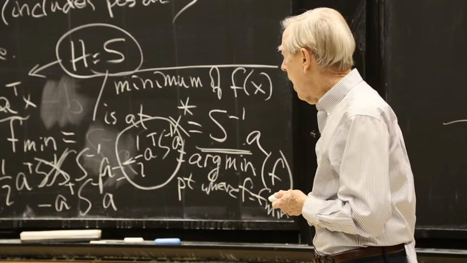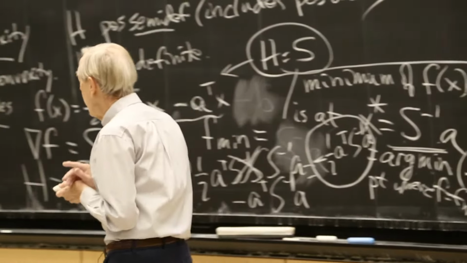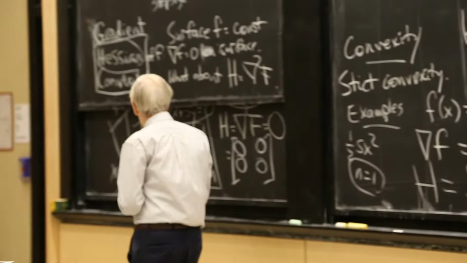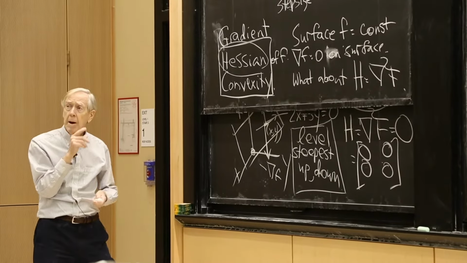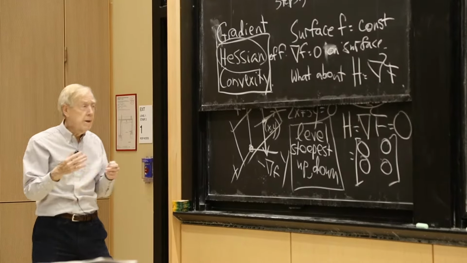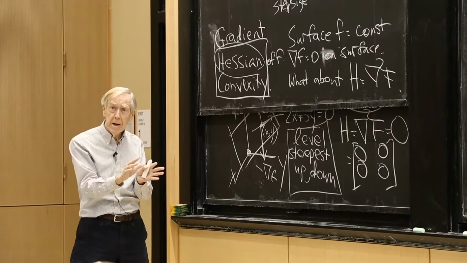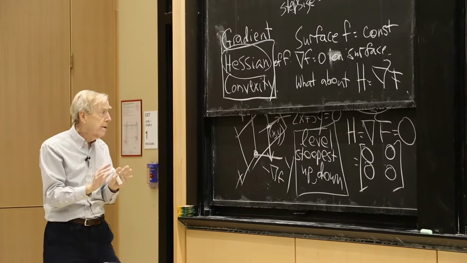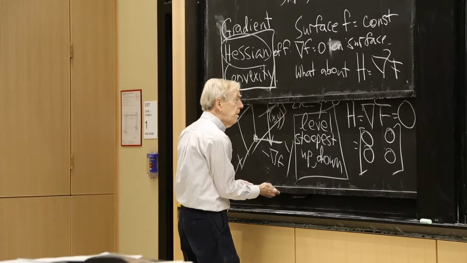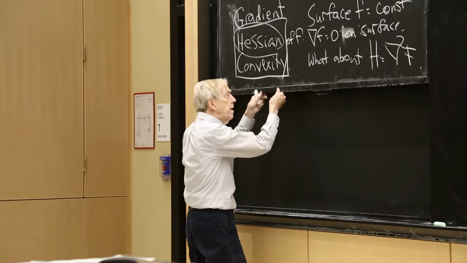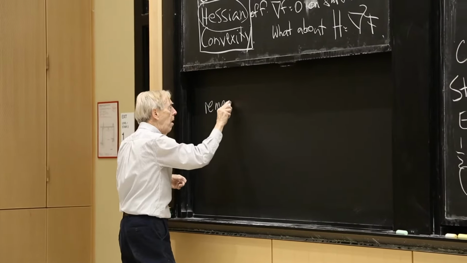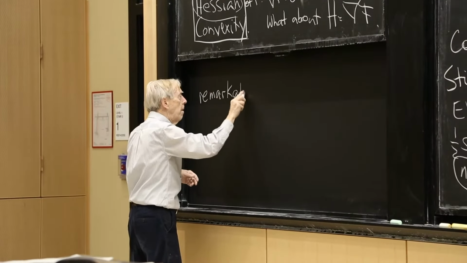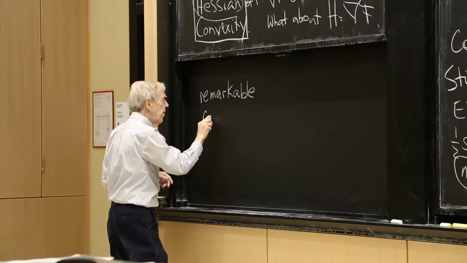Okay, I wanted to mention one other function, because I'm going to speak mostly about quadratics, but obviously the whole point is that it's the convexity that's really making things work. So here, let me put a remarkable convex function.